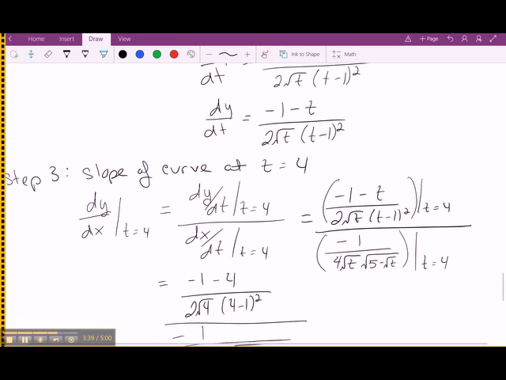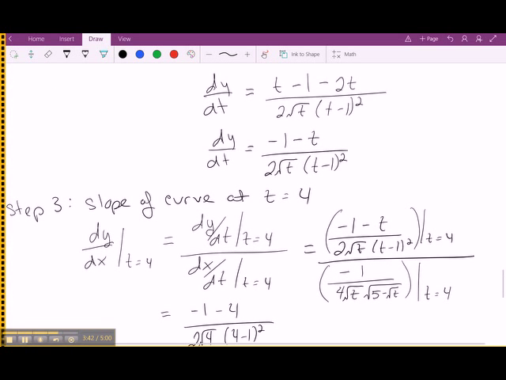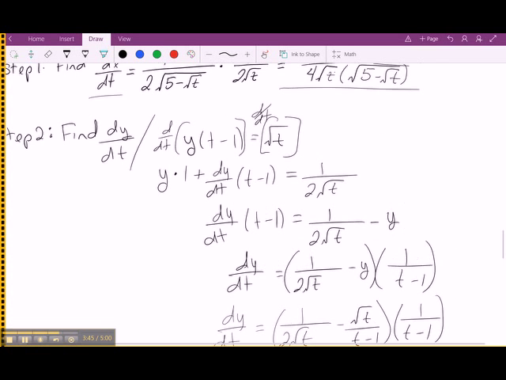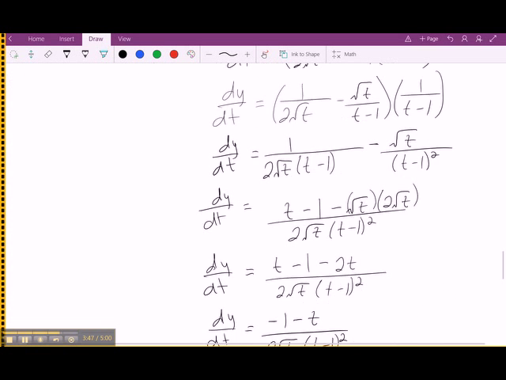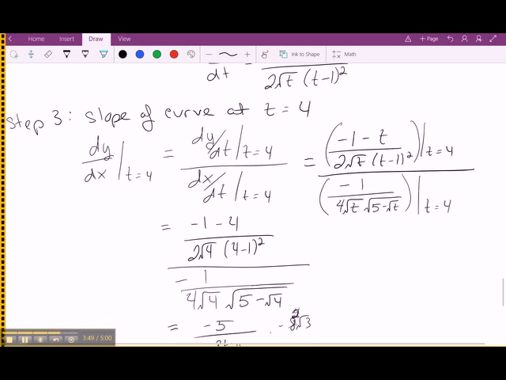Okay, so continuing with this question, what we've done so far is we have found dx dt and dy dt. We need to find the slope of the curve at t equals 4. So that means that we need to find dy dx at t equals 4. dy dx is going to be equal to dy dt over dx dt.